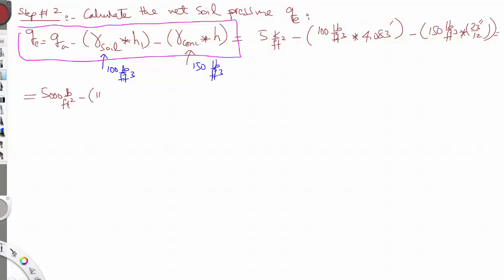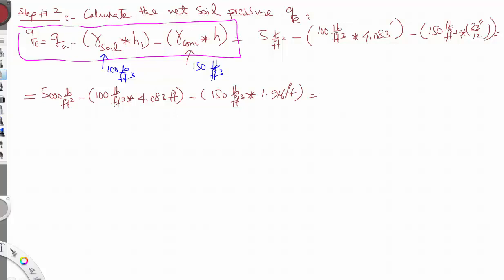Minus 100 pound per cubic foot multiplied by 4.083 feet, minus the concrete, which is 150 pound per cubic foot multiplied by the height, 23 divided by 12, which is 1.916 feet.